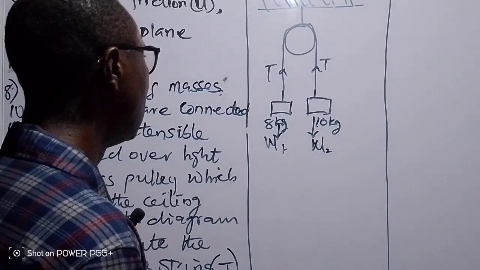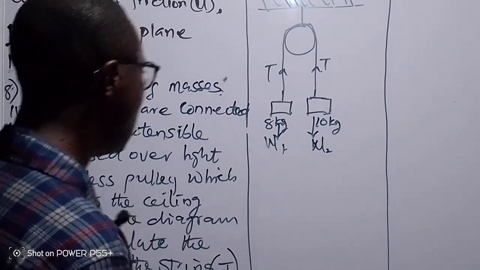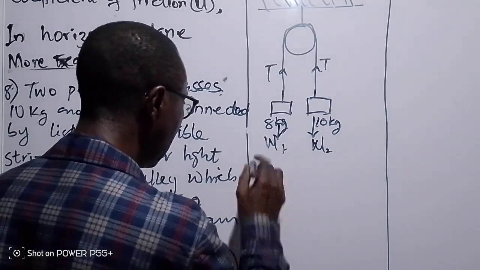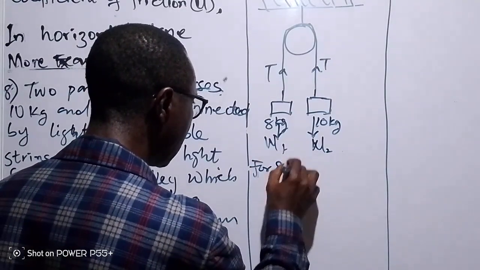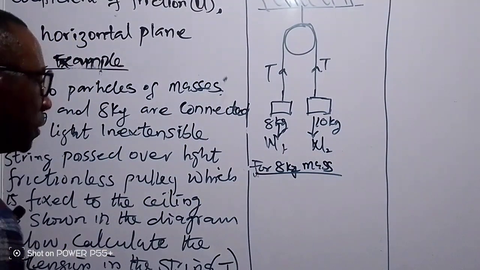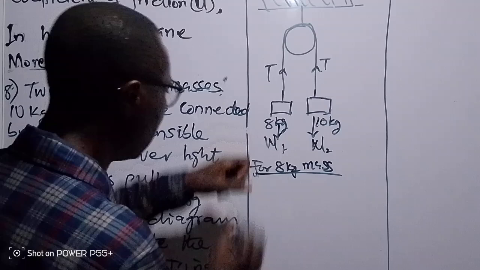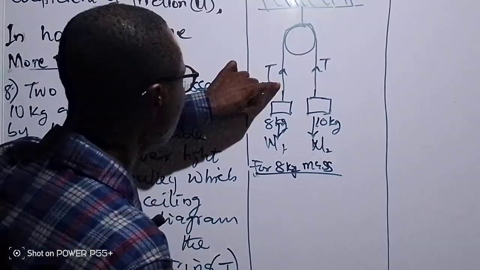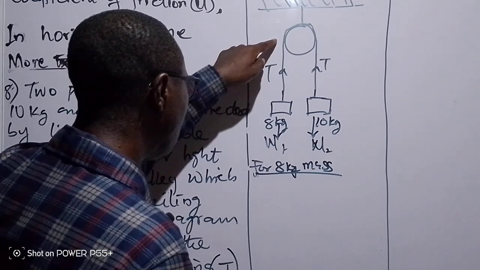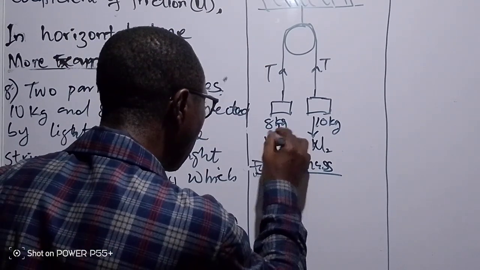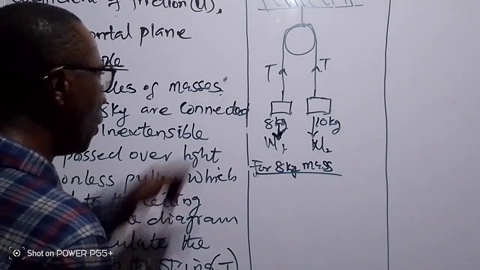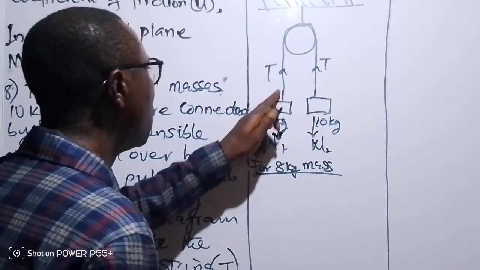Once it is moving up, the equation for this 8 kg mass will be as follows. Since the direction of the tension is up, and the weight is acting downward, that is why I put the arrow like this. But it is being pulled up in the direction of this tension.